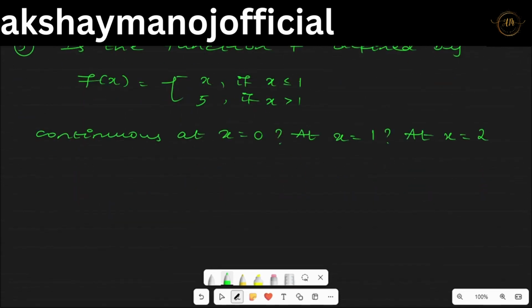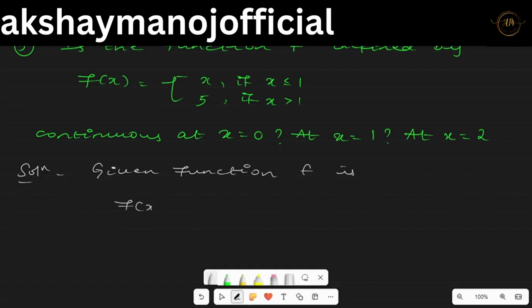So can we go for the solution? Yes. As it is given, the function f is x if x is less than or equal to 1, and 5 if x is greater than 1.